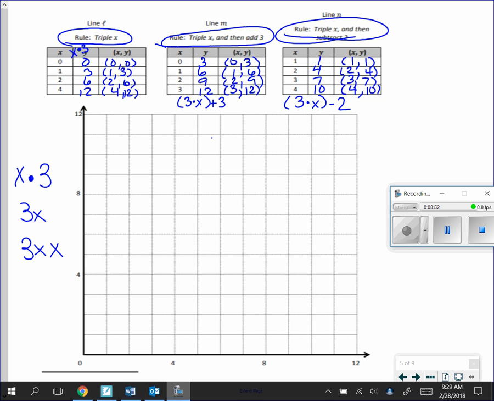Okay, Nardo, I want you to plot the first point of line L. Selena, come plot the second point of line L. And Sheldon, third point.